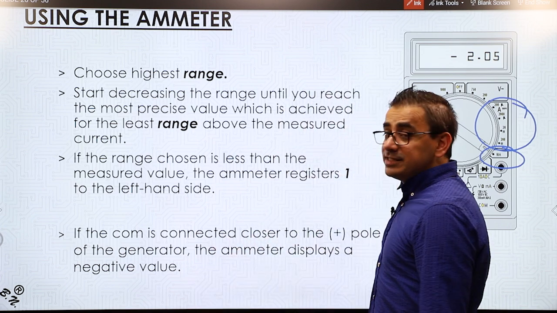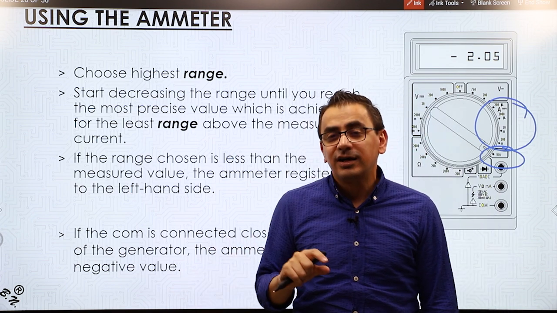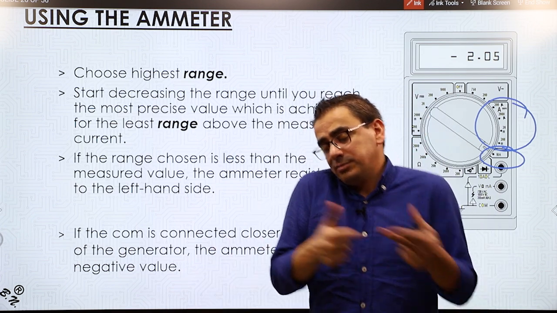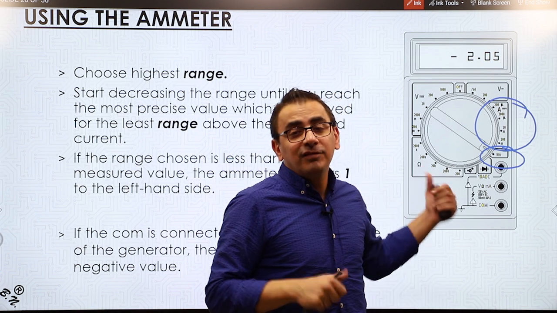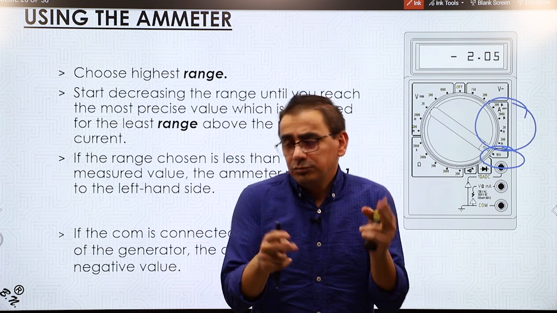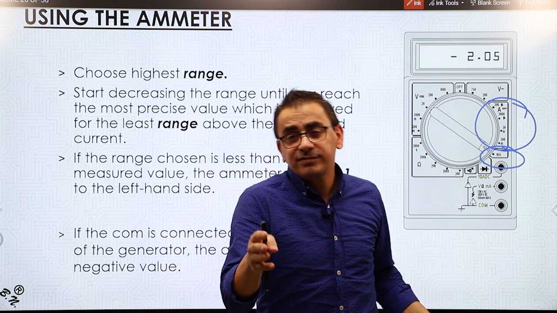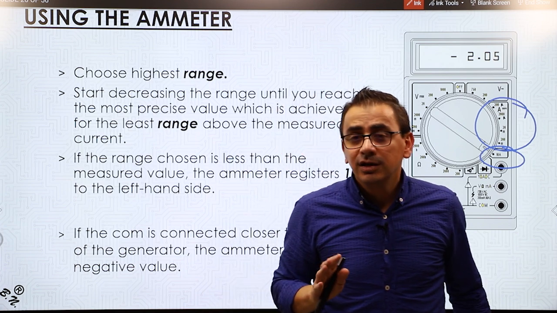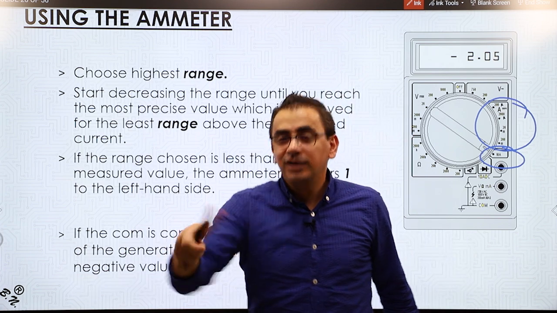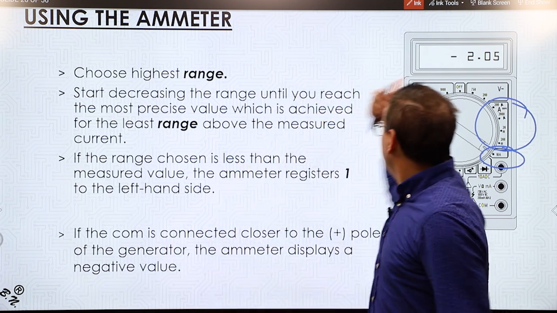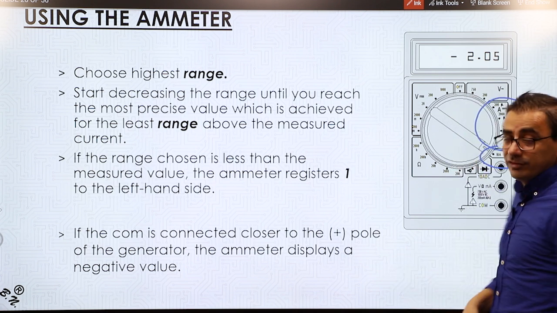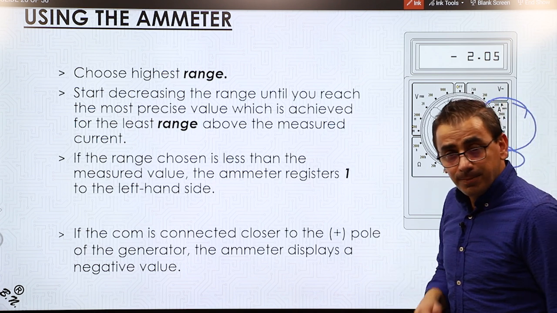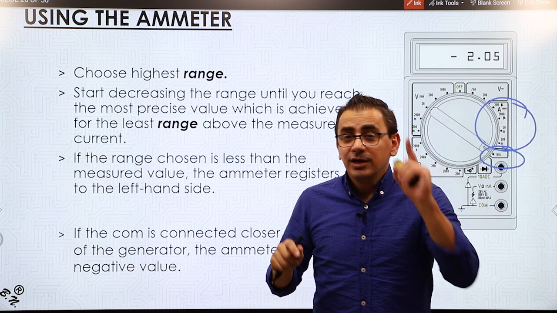And if the reading is negative, that's an indication that the current is flowing or is moving in the opposite sense. You have to reverse the connections. It's okay, if the reading is negative, it's fine. As for me, I keep it as it is. And all I do is when I write the value, I just write 2.5, not minus 2.5 as shown here, for example. Okay? That's it concerning the range. Pay attention.